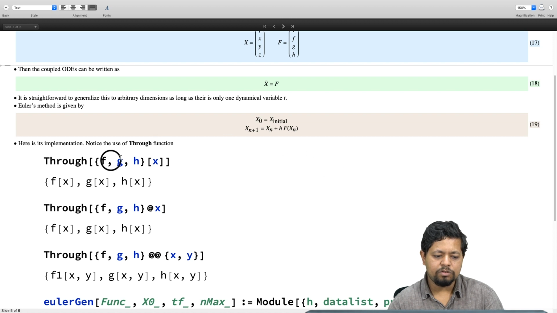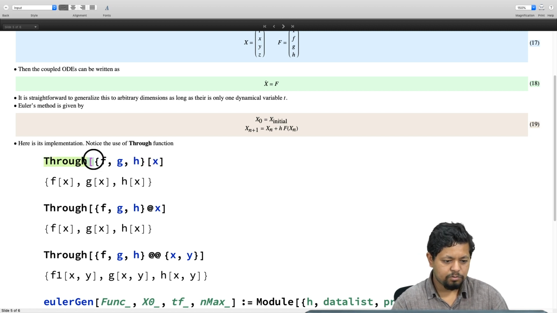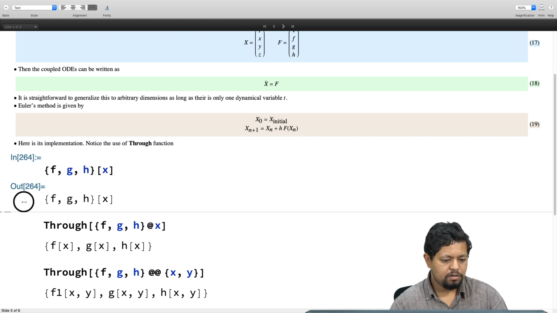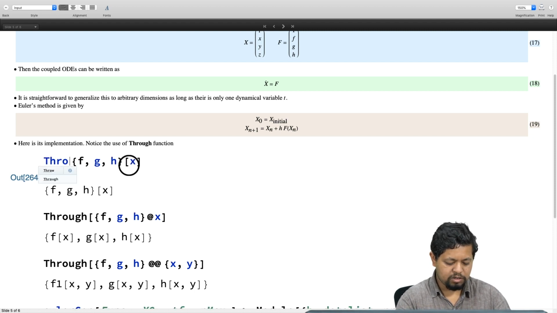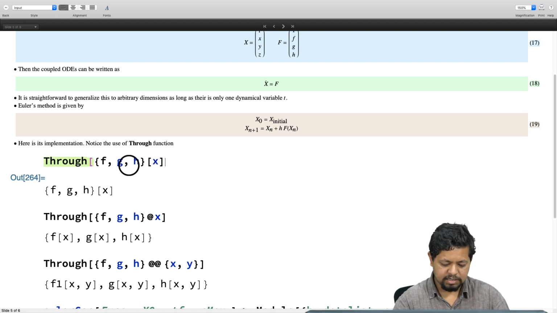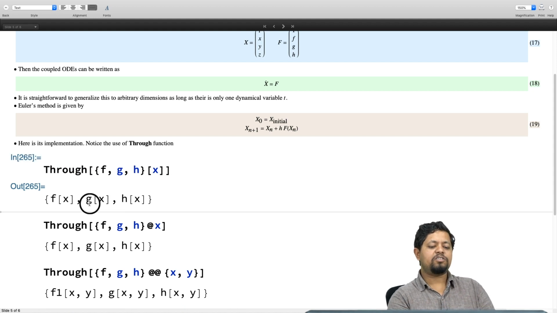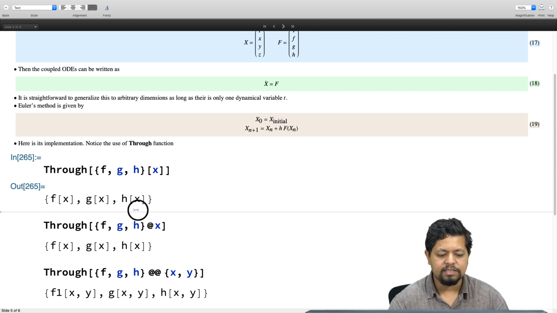For that I'm going to use the Through function. What Through does is, notice from this example, when I take some functions f, g and h and apply them on x without the Through function, you simply get that back. But when I enclose this whole thing inside the Through function, you see I get an array of f applied on x, g applied on x and h applied on x, and that's exactly what I want.